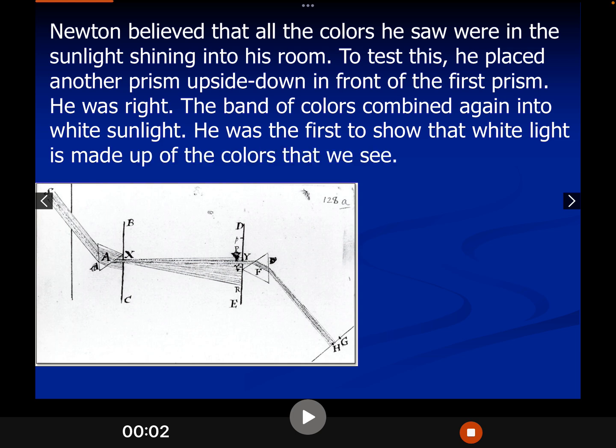So Newton believed that all the colors he saw were in the sunlight that entered his room. So what he did was he first passed it through this first prism, and he got the rainbow. I'll just abbreviate that rainbow, the whole spectrum. Then he passed it through a second prism, and if you will, it's not quite the correct term, reunited that light back into white light.